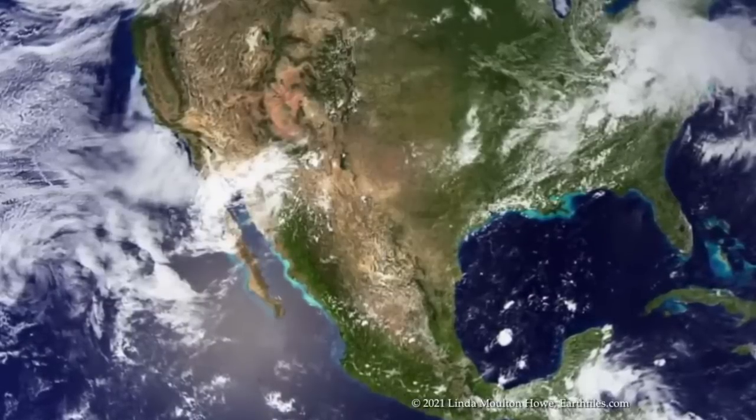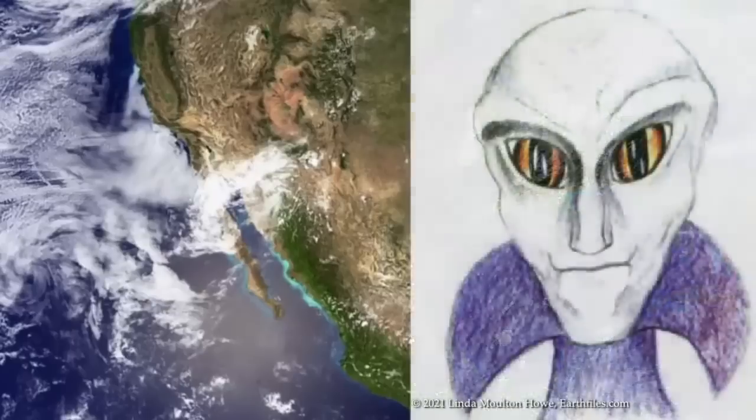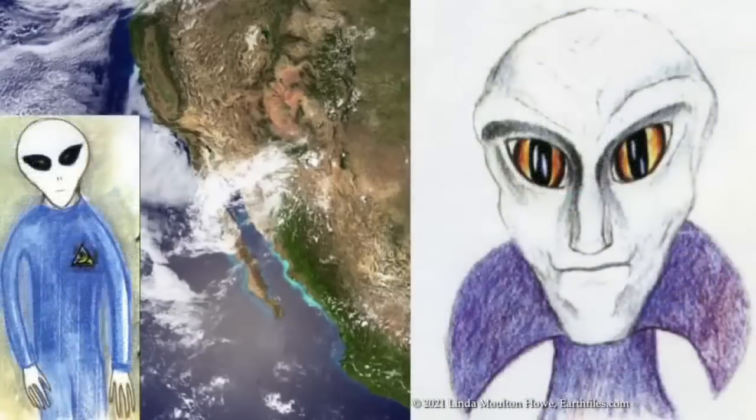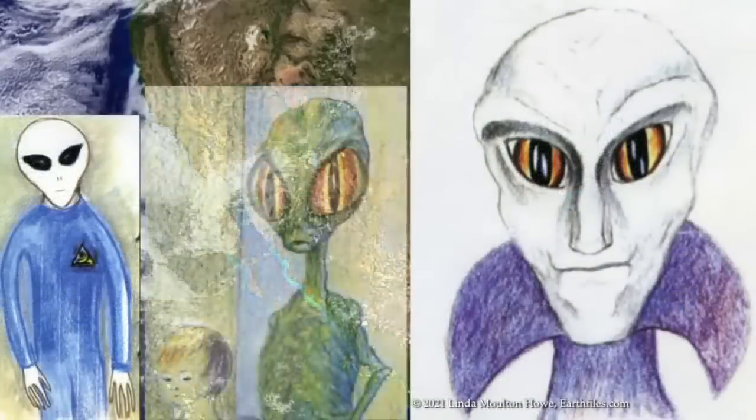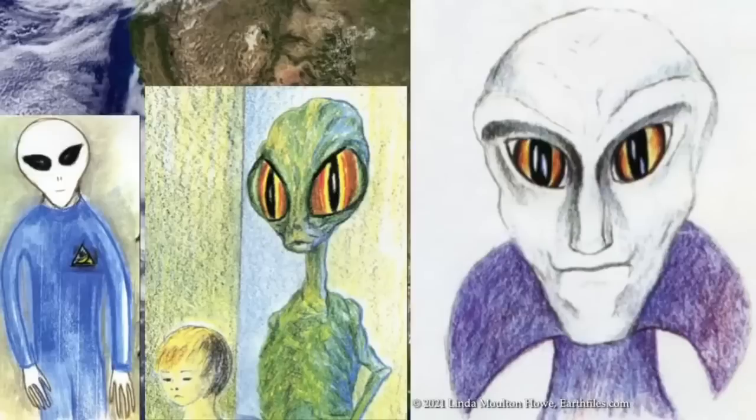Well, I do, because the grays, two different sizes of grays, and the insectoid or mantis type appear to work together. The taller grays definitely appear to be sentient beings. They show emotions. Experiencers have reported that they have seen them age. The smaller ones might be biorobotic.